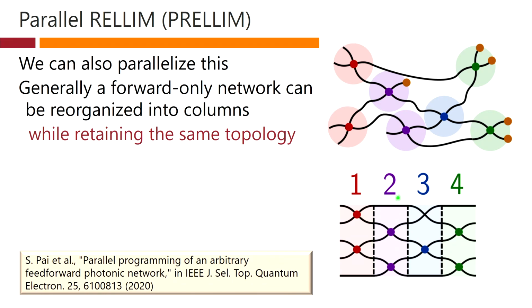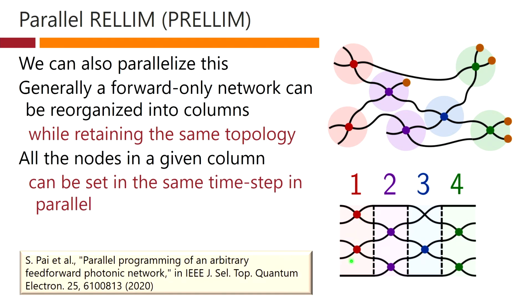The key point about this regularization is that all of the items in a given column can be set in parallel in the same time step because they don't influence one another. And there's a topological algorithm we can go through to complete this identification into columns. And hence we can parallelize the setup of complex forward networks. And this reduces configuration time.